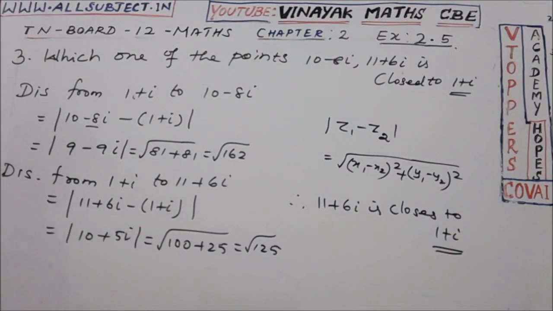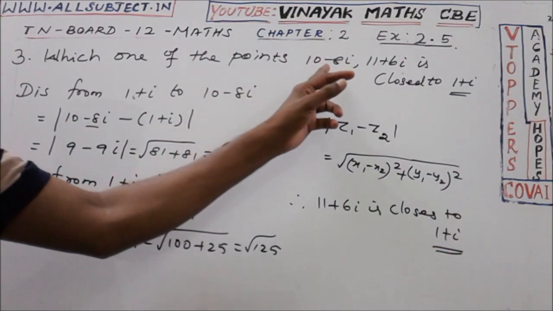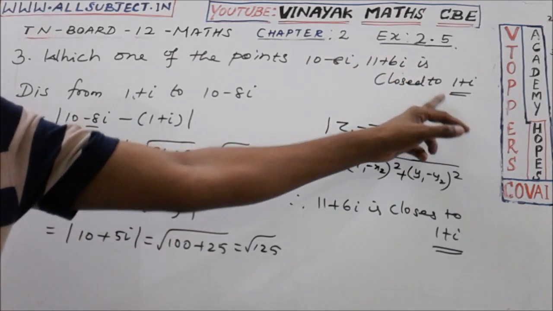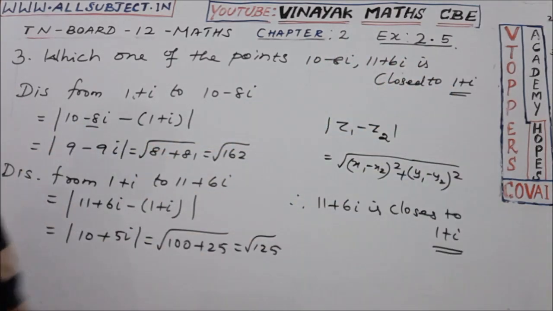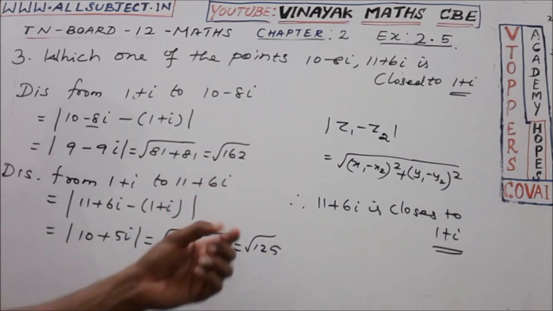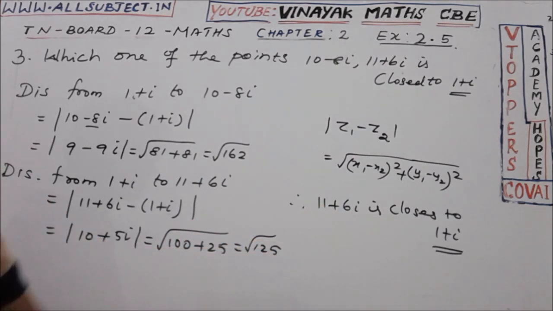Very simple. Just calculating the distance from 10 minus 8i to 1 plus i and from 11 plus 6i to 1 plus i, and comparing the results, this is lesser than the previous one. So it maintains the minimum distance with 1 plus i. So 11 plus 6i is closest to 1 plus i.